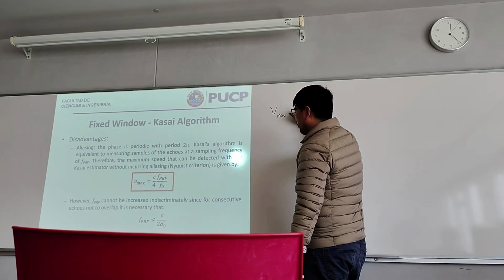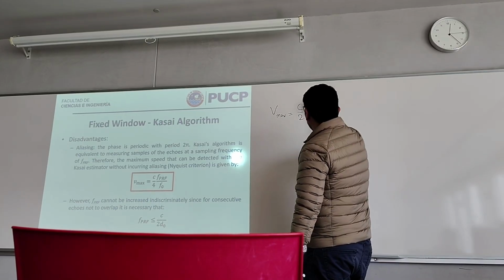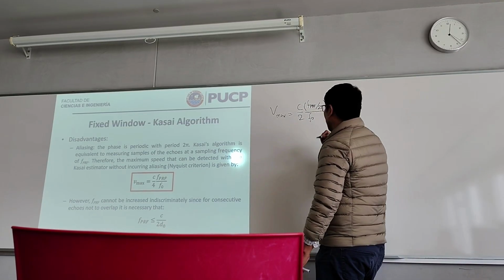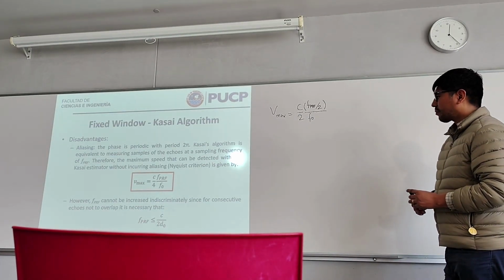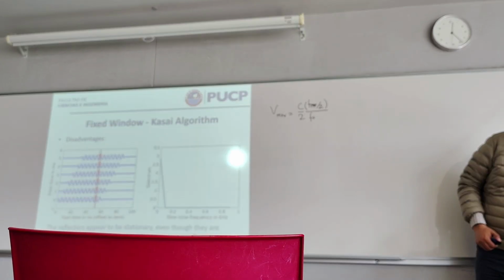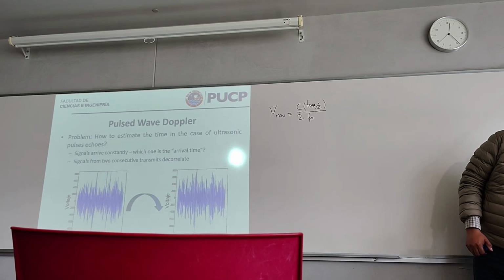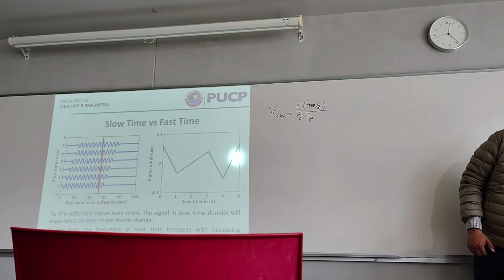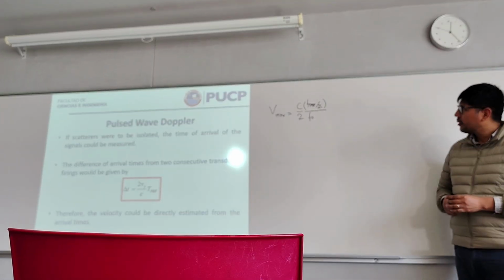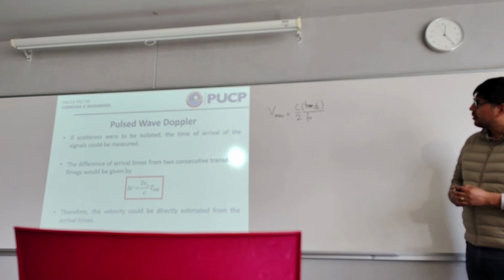The maximum velocity will be c over 2 divided by f0, and the native frequency, that is FPRF, divided by c. Basically, this is the relation between velocity and frequency. I think we had this equation before, right? In the simple case, I think. Is that right or not?